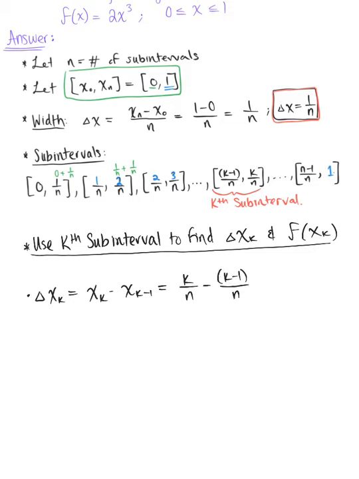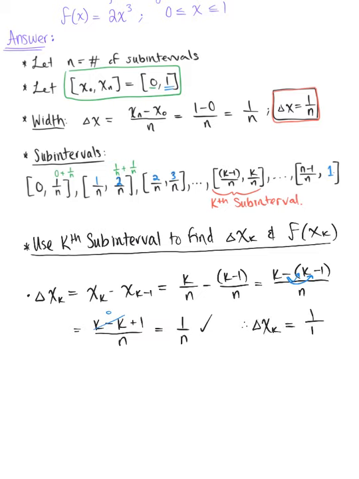We have a common denominator here, so that's just k minus the quantity k minus 1, all over n. If we distribute this negative through, we can see some nice simplification. We have k minus k, and a negative times a negative gives us plus 1 over n. Those k's cancel each other out to 0, leaving us with 1 over n. So we've confirmed that the width in that kth subinterval is still going to be 1 over n.